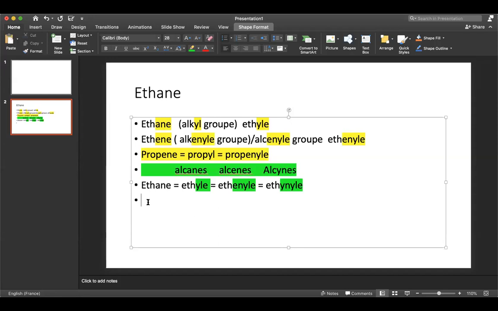What do you call the removal of hydrogen from a compound in organic chemistry? The removal of hydrogen from a compound and the addition of hydrogen to a compound are given names. Oxidation and reduction, okay.